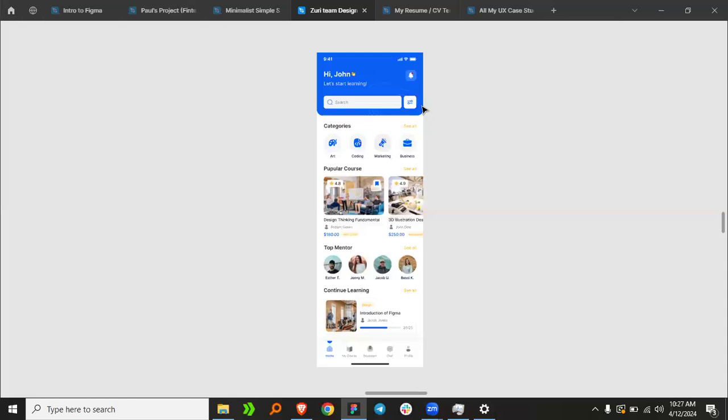Okay, Emmanuel. So basically, the 60-30-10 rule is just to guide your color usage on your designs. For example, if you look at this app screen that I have, the 60% of the color, which is the dominant color, is the white part. It takes up 60% of the design.